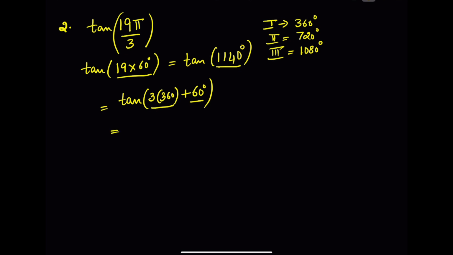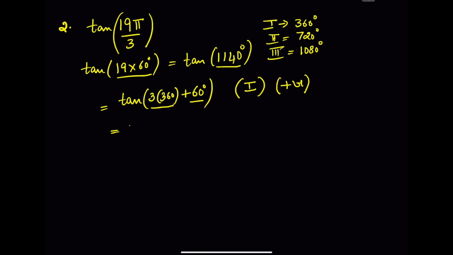So we know that this angle is formed in the first quadrant because after 3 complete rotations, it took an additional 60 degrees. So it arrived at the first quadrant. And in the first quadrant, we know that the value is positive for tan.